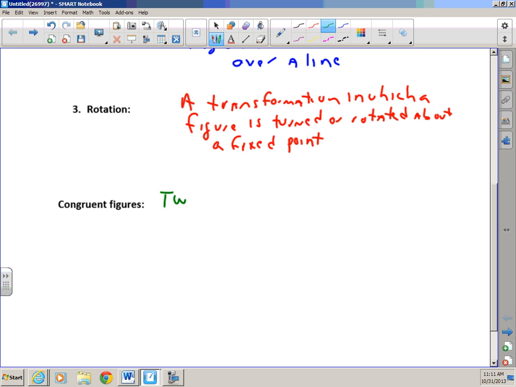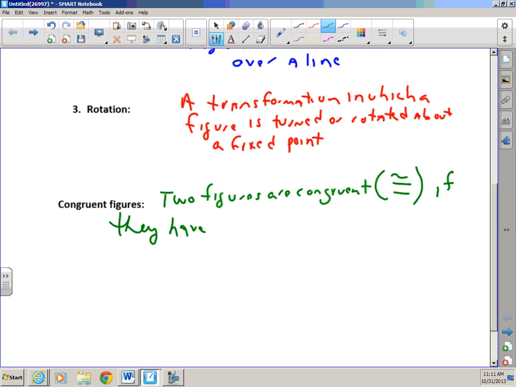We say that two figures are congruent, and the symbol for congruent is the equal sign with the tilde on top, because we're not talking about numerical congruency, we're talking about geometric or shape congruency. So two figures are congruent if they have the same size and the same shape.